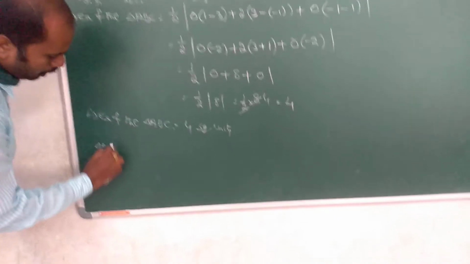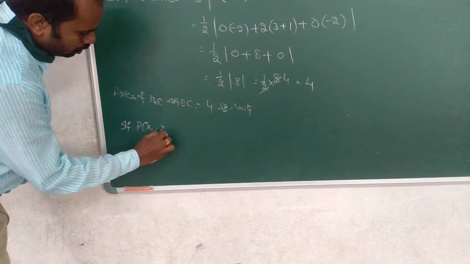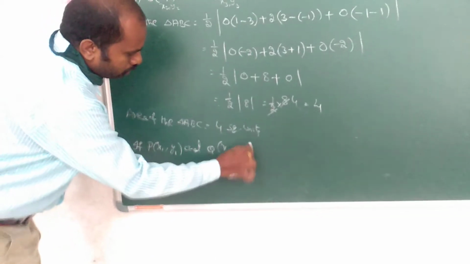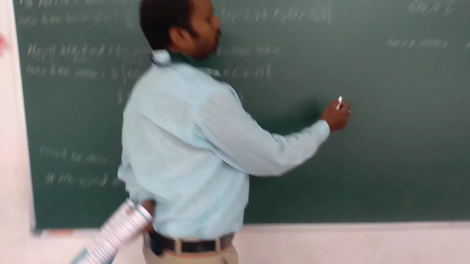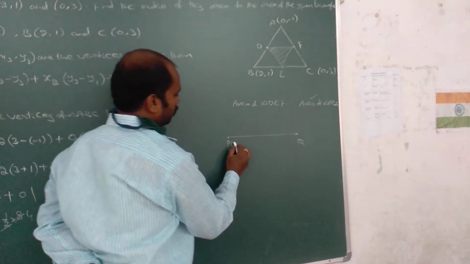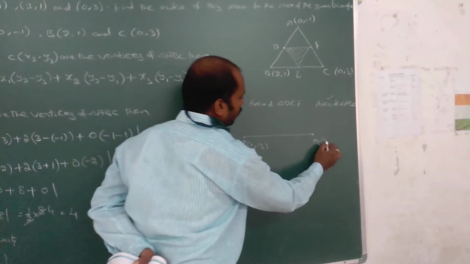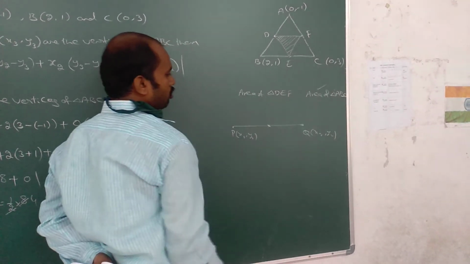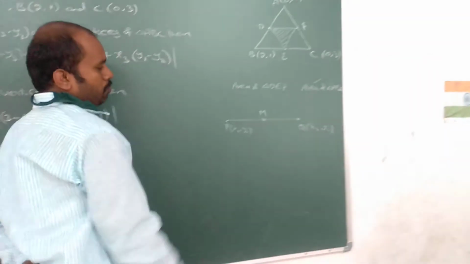Now you write the formula. If P is x1 y1 and Q is x2 y2, these two points are taken. Suppose like that, P here and Q here. This is the first one x1 y1, second one x2 y2. Now you find the midpoint, that is equal to M. How to get the midpoint, you know the formula.